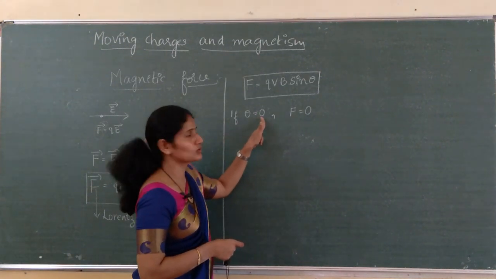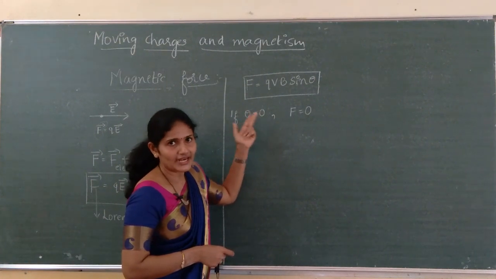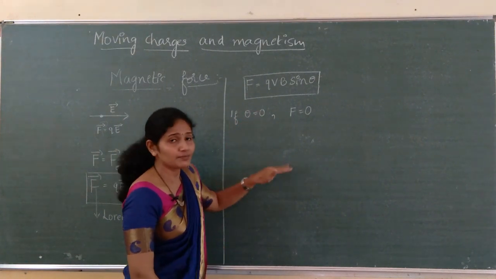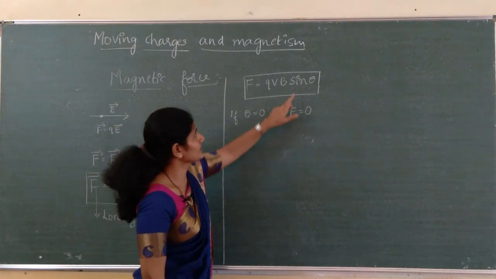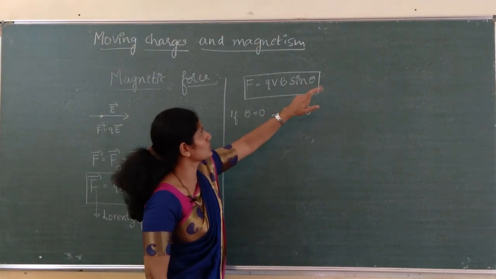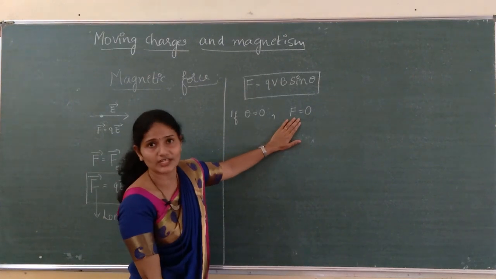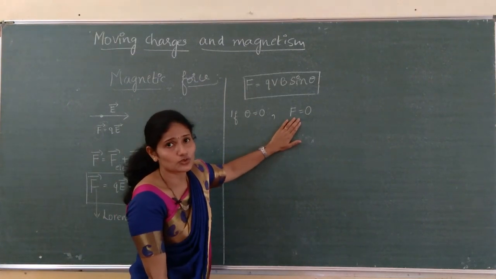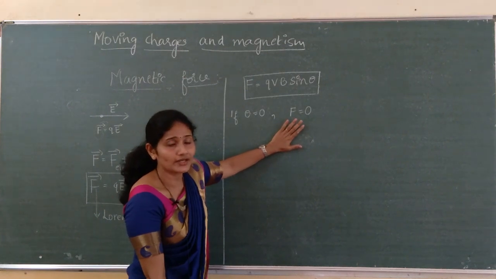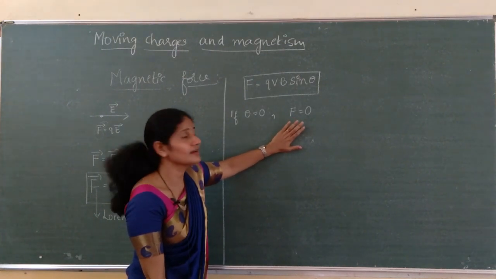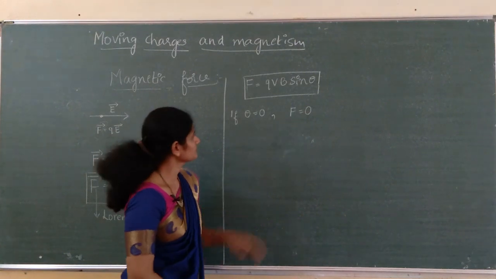So, if V and B are parallel to each other, then theta is equal to 0, sin 0 is equal to 0, F is equal to 0. That means, no force acts on the particle. Magnetic force acting on the particle is 0 when they are parallel to each other.